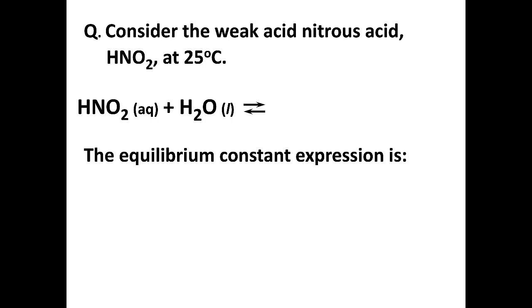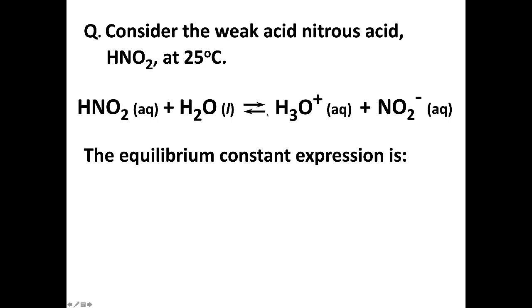To start, let's consider the weak acid nitrous acid, HNO2, at 25 degrees Celsius. When HNO2 dissolves in water, it dissociates partially. The H from the HNO2 adds to the H2O to make hydronium ion, H3O+, and then the nitrite ion, NO2-, separates.